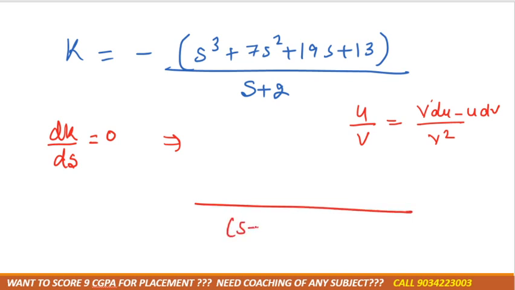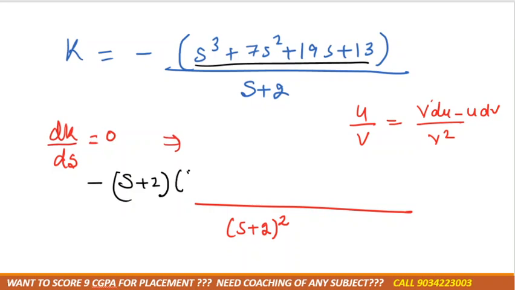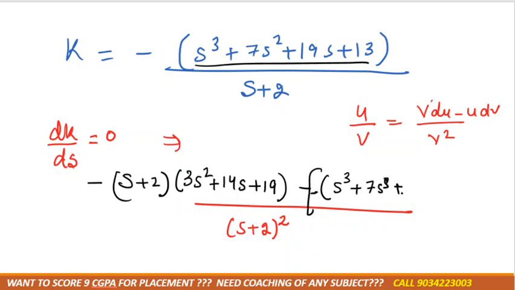So v square is how much? (s plus 2) whole square. v is as it is, means s plus 2 is as it is, correct. du means the differentiation of this term, that would be 3s square plus 14s plus 19, right, 13 differentiation is 0, then minus u dv, u as it is, minus s cube plus 7s square plus 19s plus 13 dv.